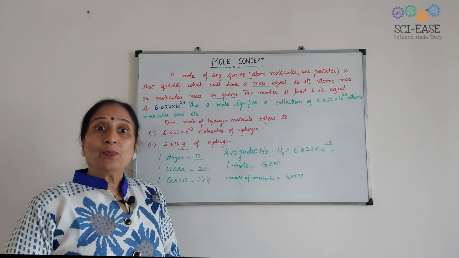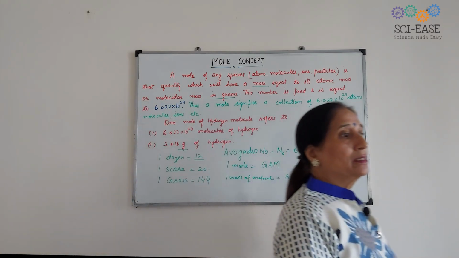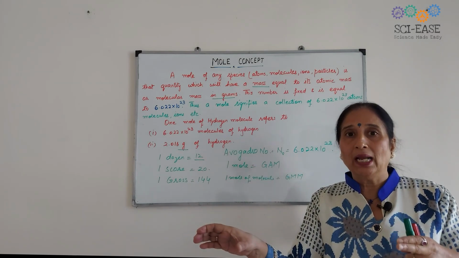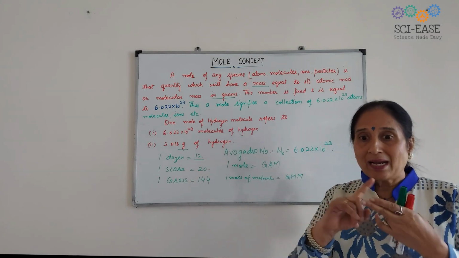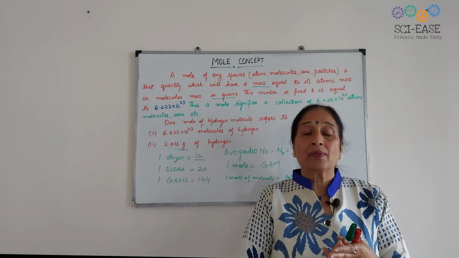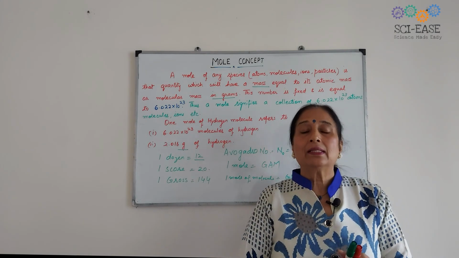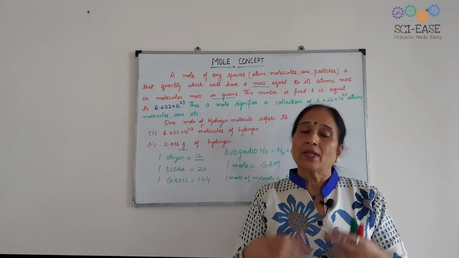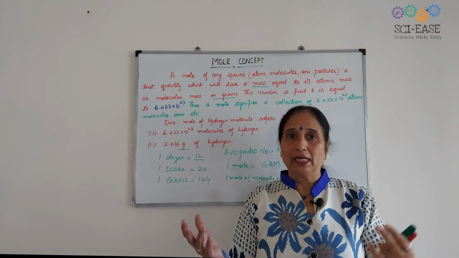Okay, so I think the concept, what is mole, is clear to you. Sometimes the definition is given, but mainly numericals are given. So I will do one numerical here and you will understand it properly.